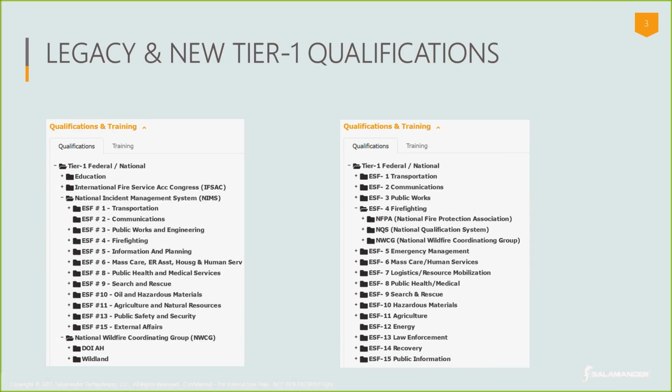I apologize, I didn't have that in the presentation for you guys written down, but here it is. It's orders at SalamanderLive.com. I put that in the chat. That is where you can send in your request to get your account switched over to the new Tier 1 qualifications.